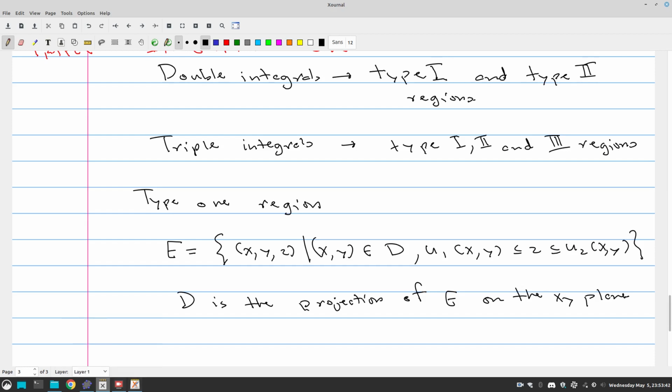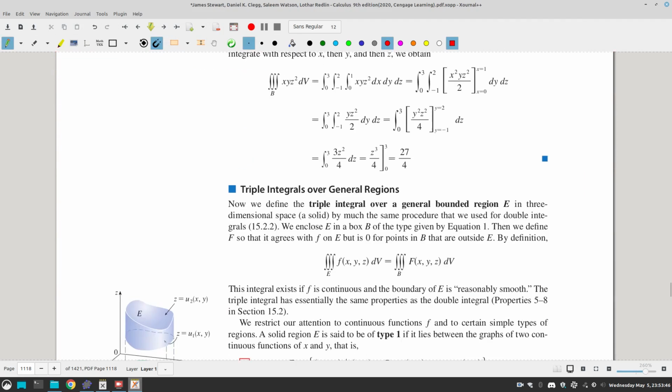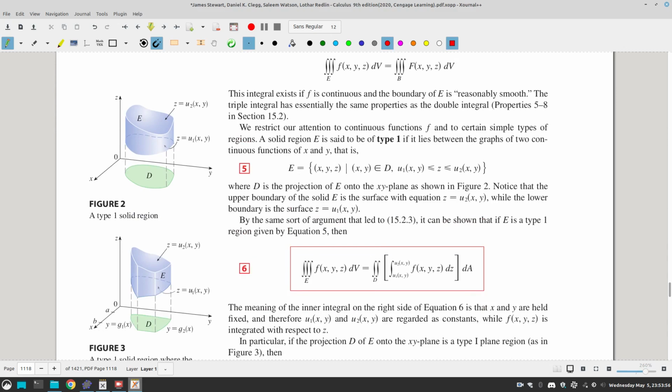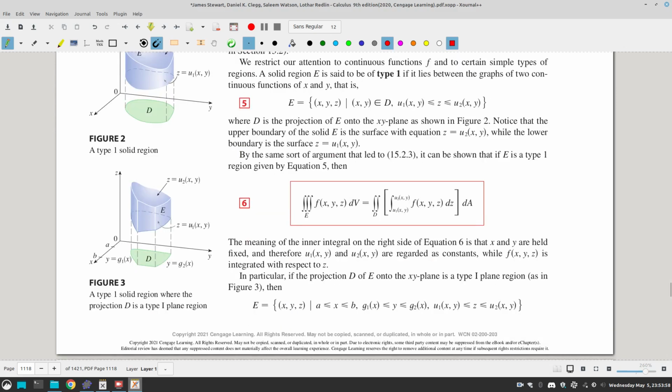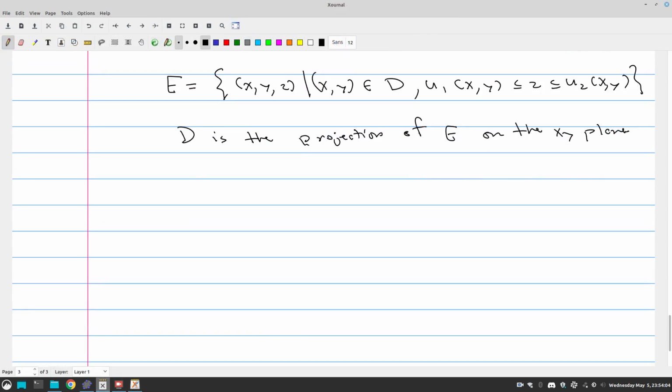So let's have a look. You have this general region E, and D is the projection of E on the xy plane. Now D may be a type 1 region.